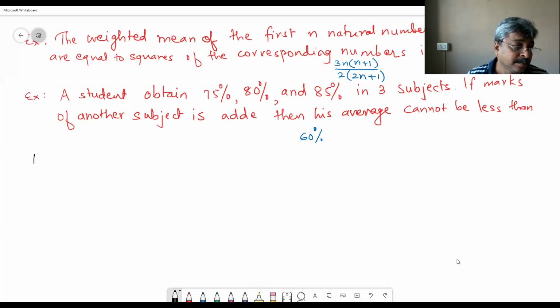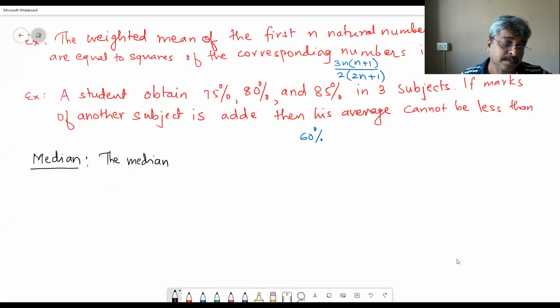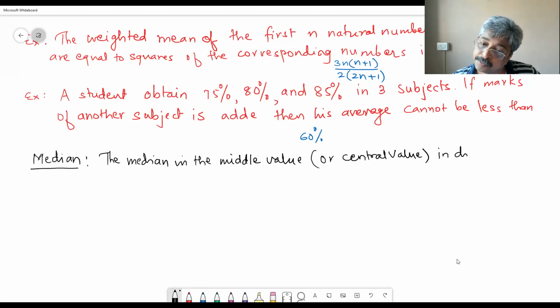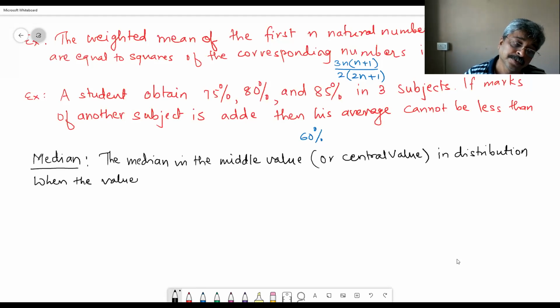Median. The median is the middle value in distribution, the central value, when the values are arranged in ascending or descending order.